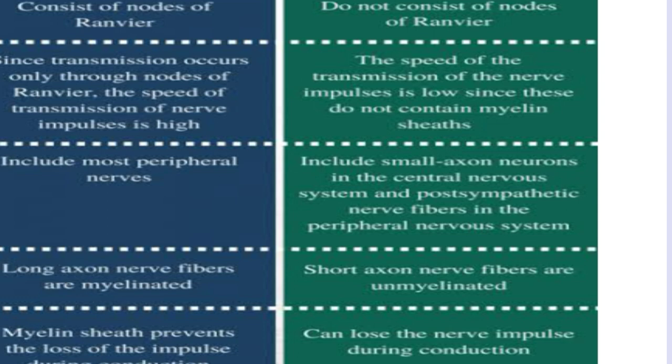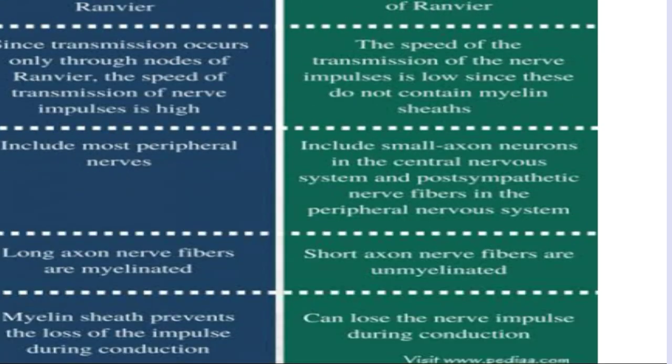Long axon nerve fibers are myelinated, whereas short axon nerve fibers are unmyelinated. The myelin sheath in a myelinated nerve fiber prevents a loss of impulse during conduction, whereas the unmyelinated nerve fiber can lose the nerve impulses during conduction.